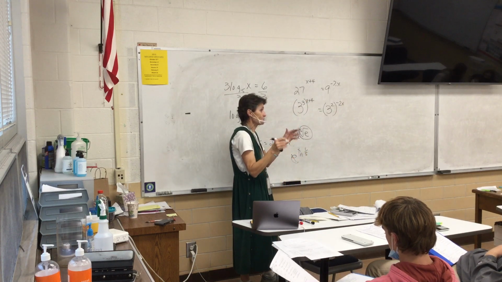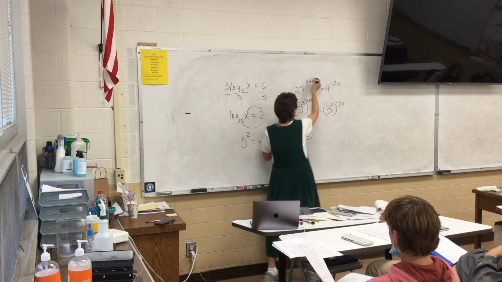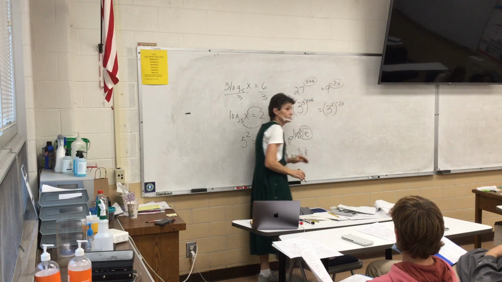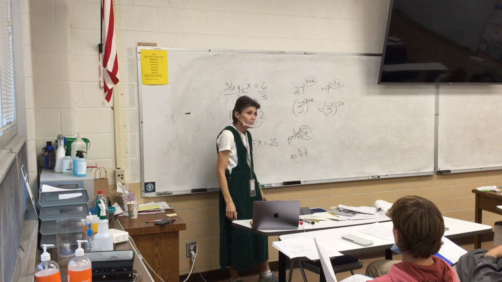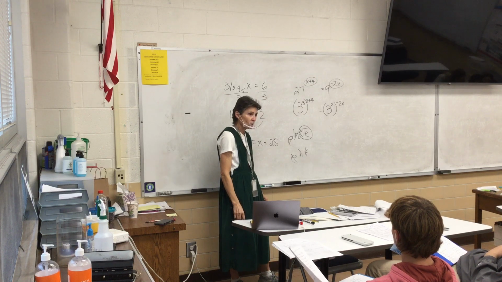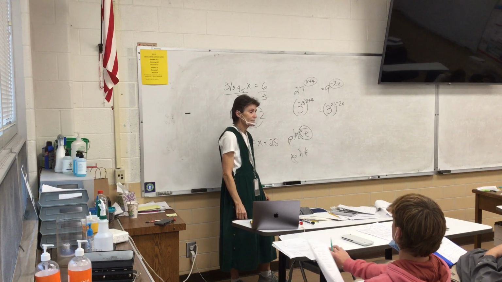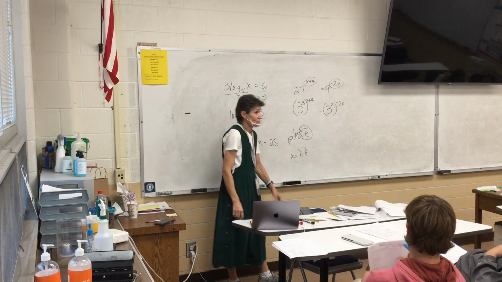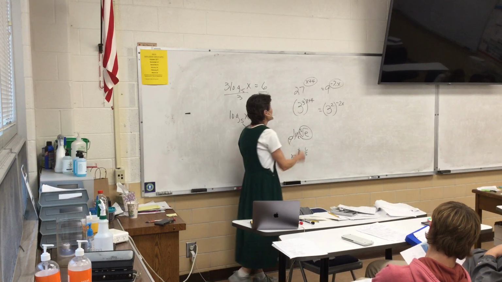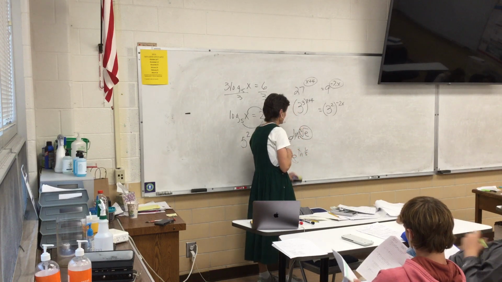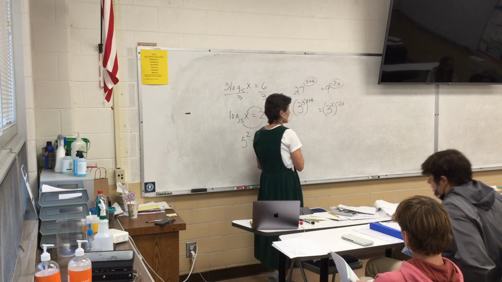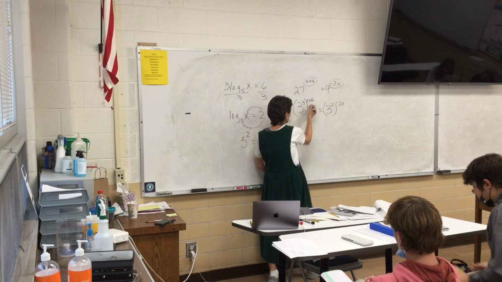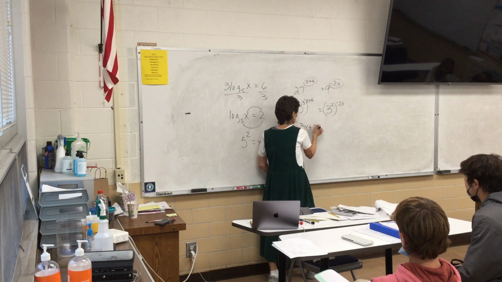Now, I don't know if it was this class or the other class, but I had a couple people set these equal to each other. I'm just sitting there thinking, what is wrong? Because you cannot set the exponents equal unless the bases match. So now they match. So now I can say 3x plus 12.